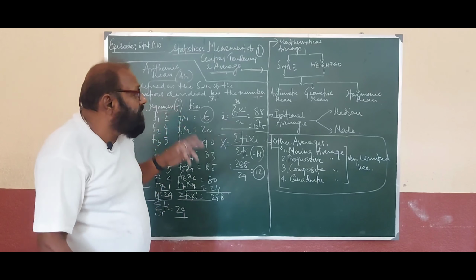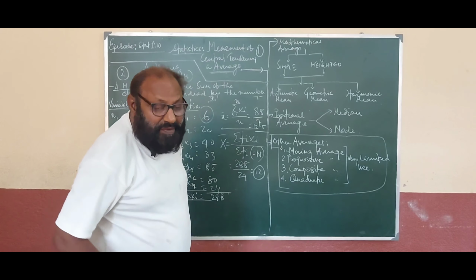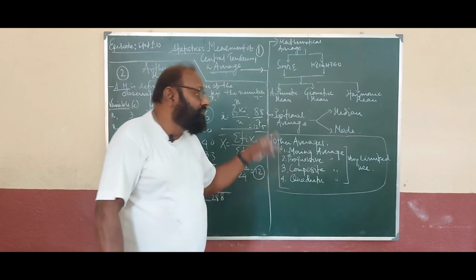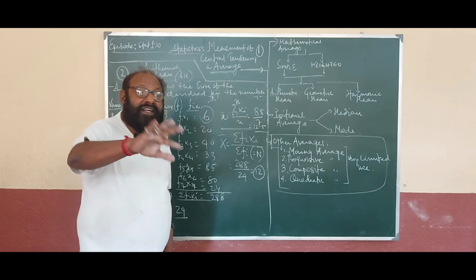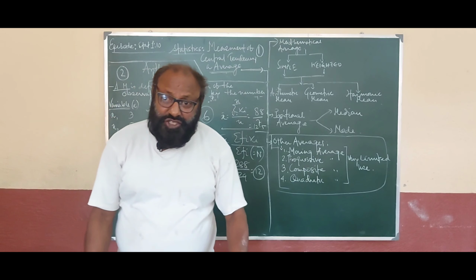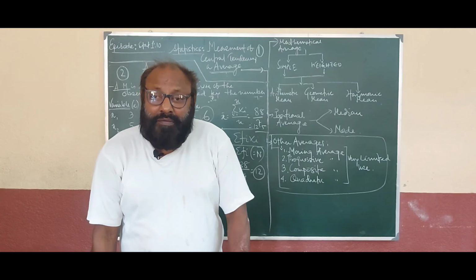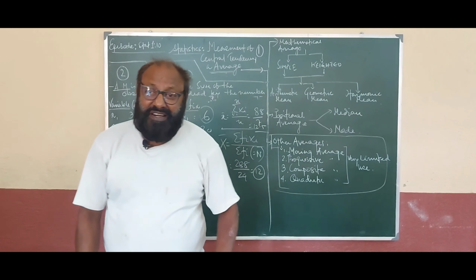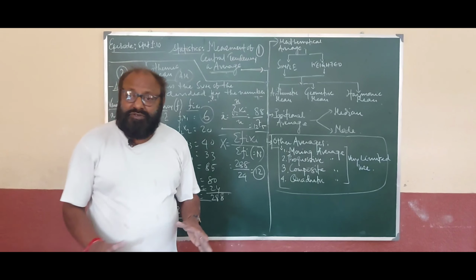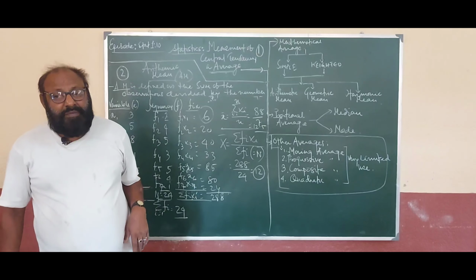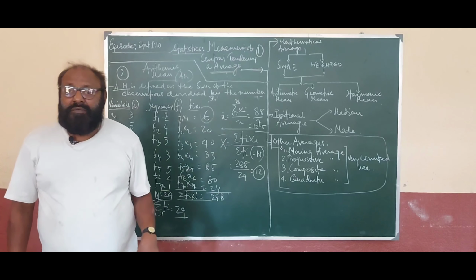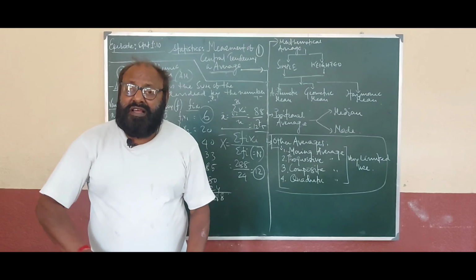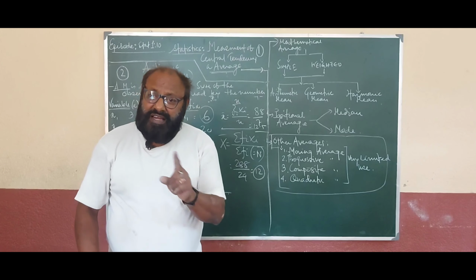Clear? Now I am coming up to summing up what I have done right now. In my class number 109, we have taken up the different aspects of analysis of statistical data. These are known as three types of measurement. First order measurement, central tendency; second order measurement, dispersion; third order measurement, skewness and kurtosis.